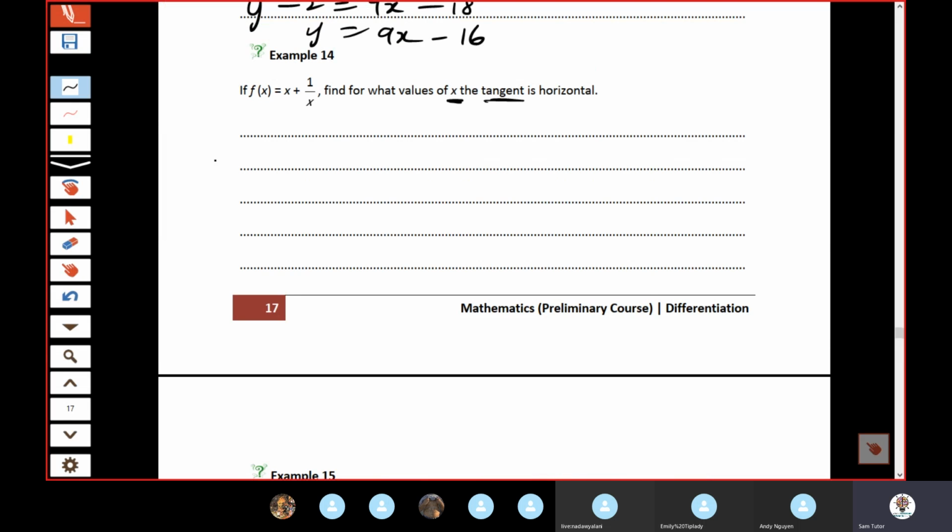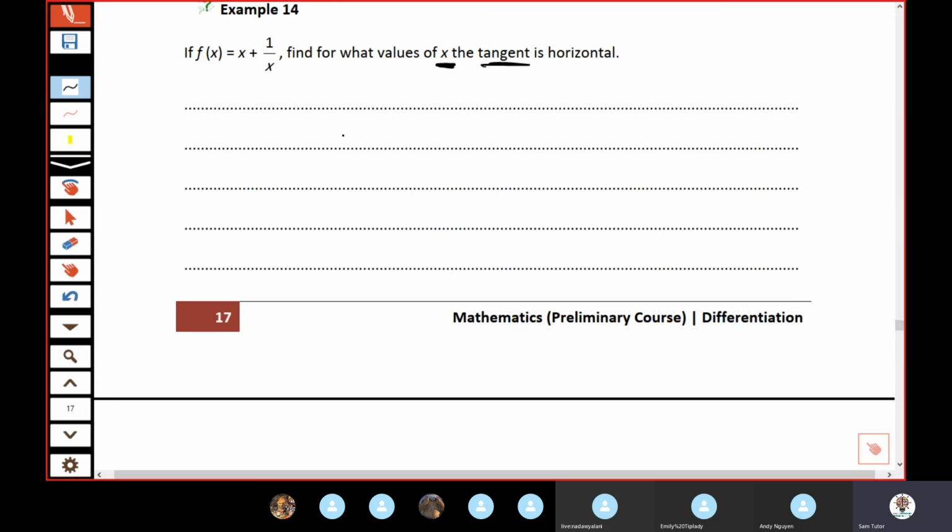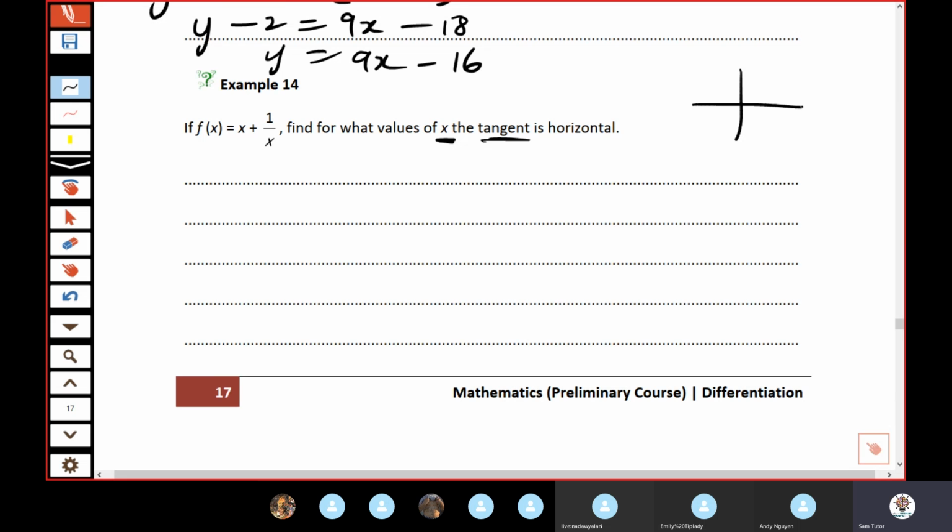Okay, so this question here, it says f of x equals x plus 1 on x. Find for what values of x the tangent is horizontal. Okay, what do we know about something if the tangent is horizontal? What does that tell us about the gradient?